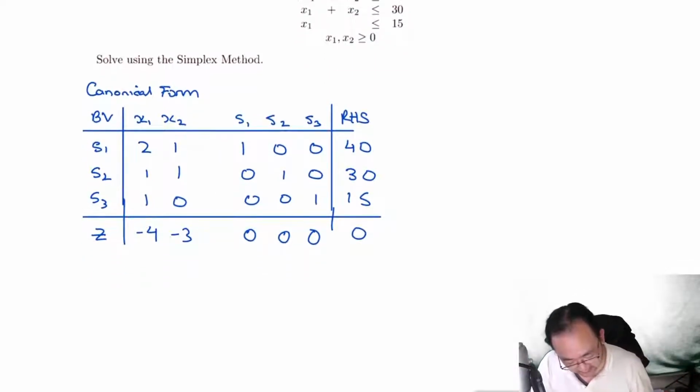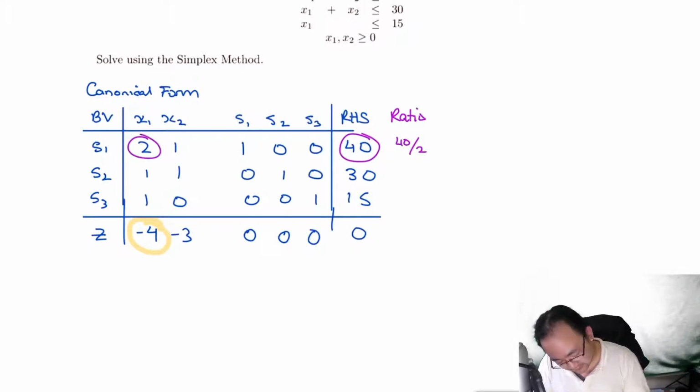So first things first, the most negative reduced cost is -4, so we're going to do the ratio test. That's going to be 40 divided by 2, which is equal to 20. And then 30 divided by 1, which is equal to 30.